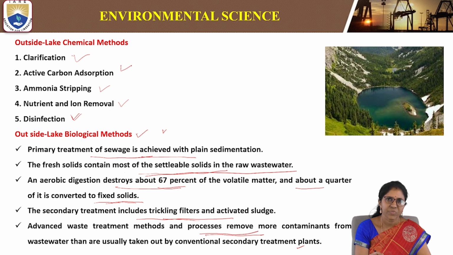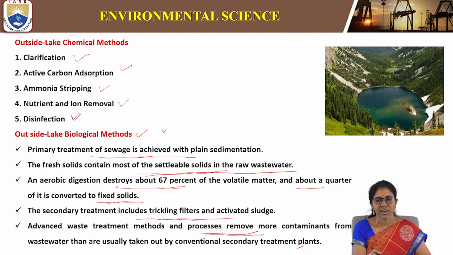So these are the restoration of lakes, physical, biological and chemical methods. These are the two types of methods, direct and indirect, including outside-lake chemical methods and outside-lake biological methods.